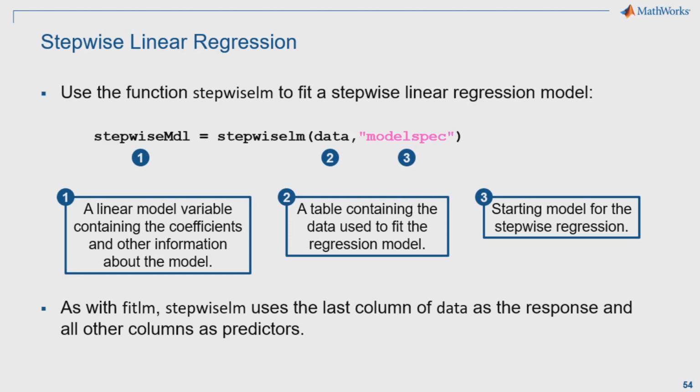Also for this one, if you are using data in a tabular structure, you can specify a model specification to start with, using again the Wilkinson-Rogers notation. And then the algorithm will evolve on its own to find what it thinks is the best suitable model.